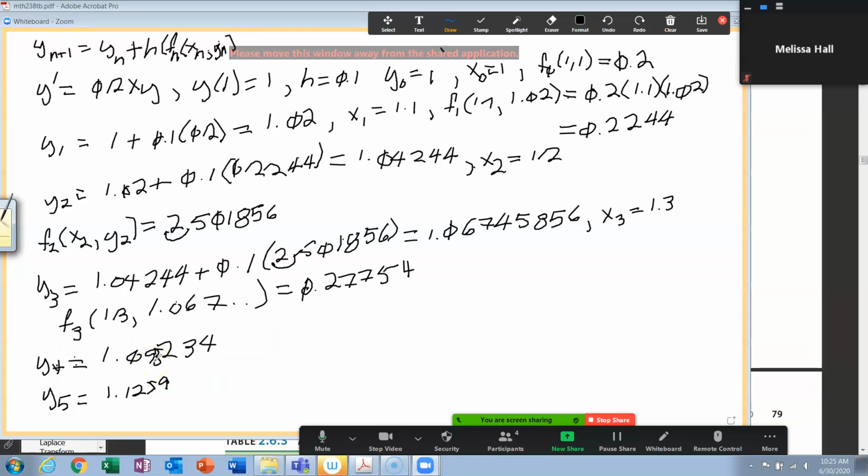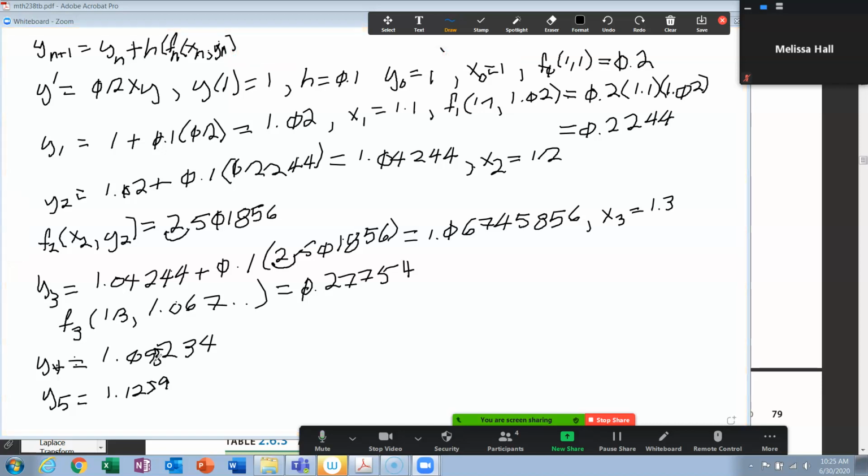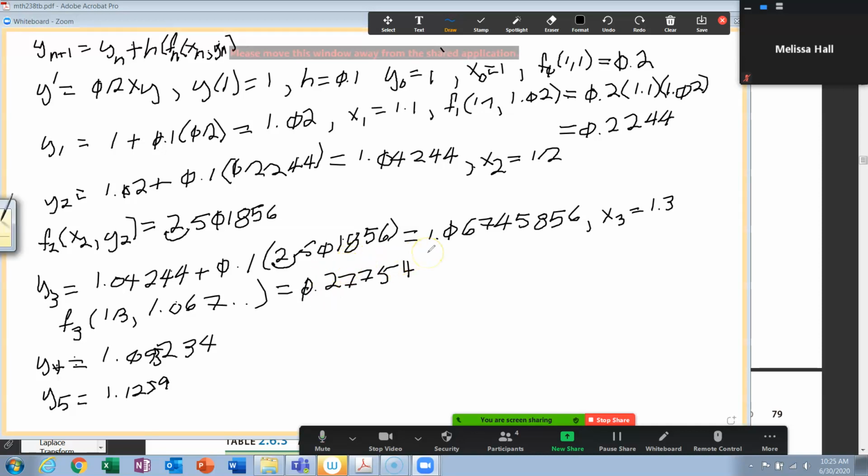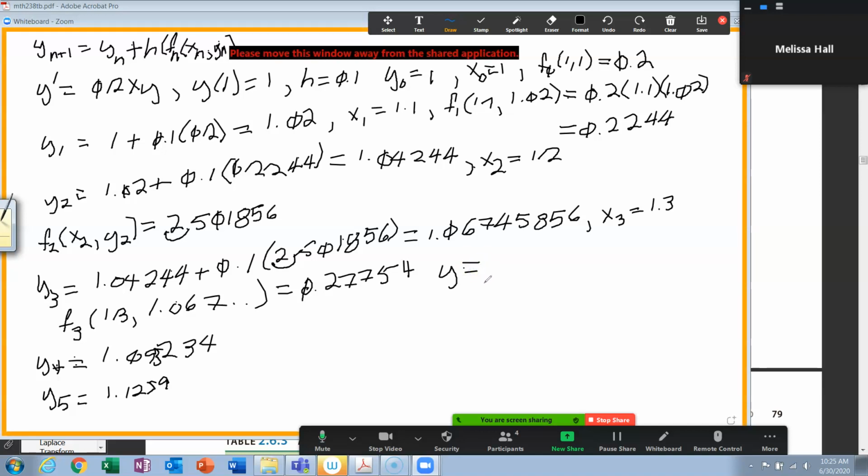Now, let's go back to the solution we got before. That y is equal to e to the 0.1 times x squared minus 1.